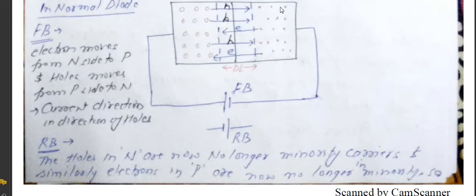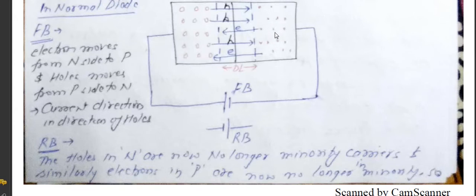Similarly, when switching is very fast, in N type also there are some holes, and because of those holes, the holes now become considerable amount, and in this process now they are not acting as a minority carrier in N type also.